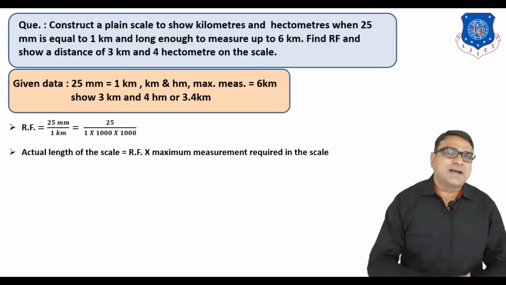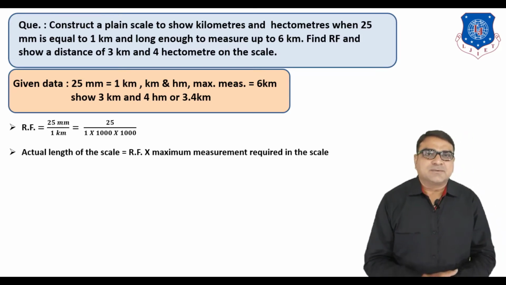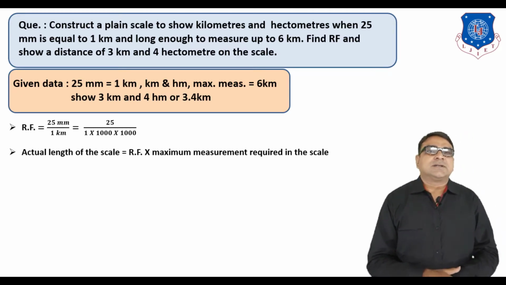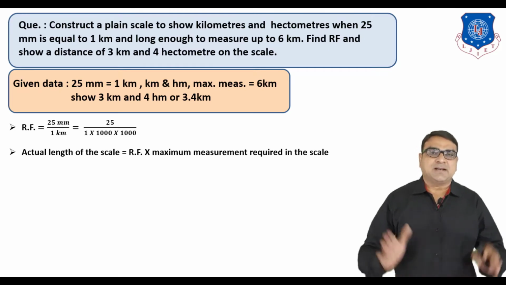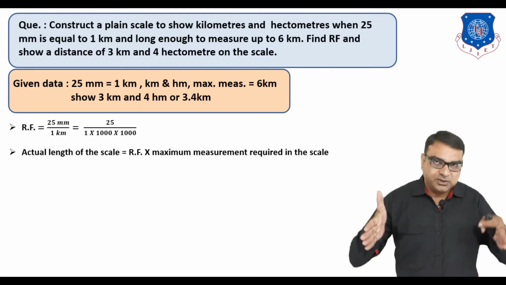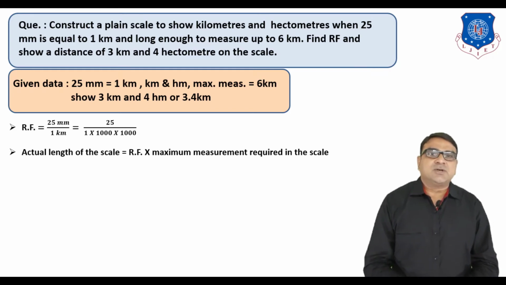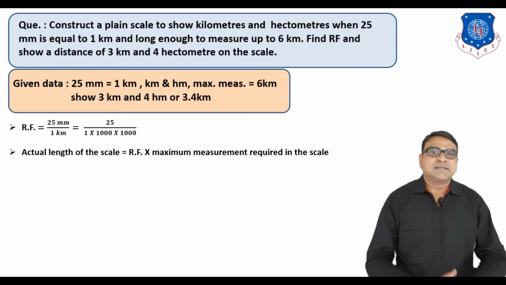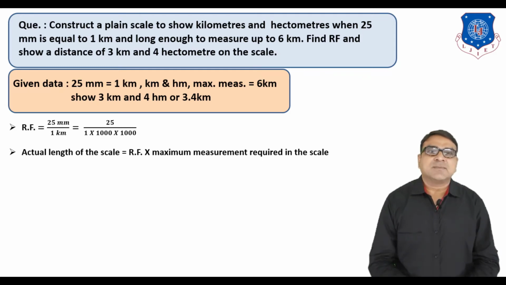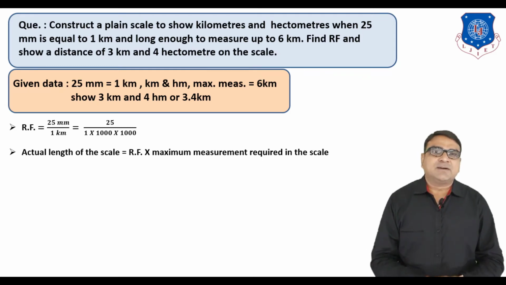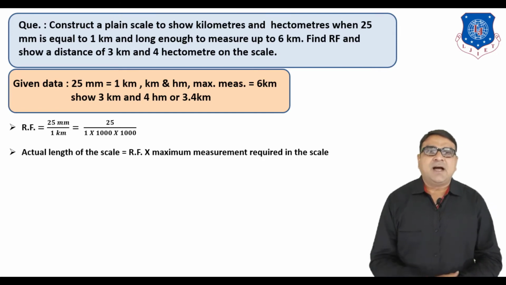Now to construct any plane scale, first of all we have to find the actual length of scale on the particular drawing. The equation is: actual length of scale is equal to RF multiplied by the maximum measurement required in the scale. From the data we know the maximum measurement of the scale is 6 kilometer, and we have the RF.